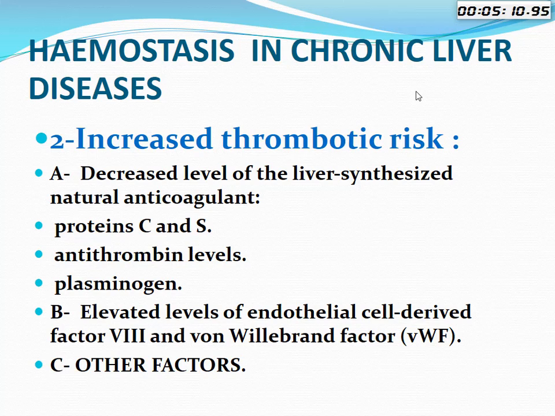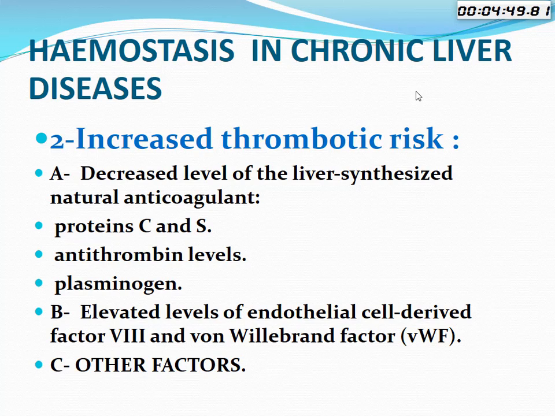But on the other hand, all those patients are also liable to thrombotic risk. There is decreased liver synthesis of the natural anticoagulants protein C and protein S. Antithrombin levels also decrease, along with plasminogen, and there are elevated levels of endothelial-derived factor VIII and von Willebrand factor and other factors.